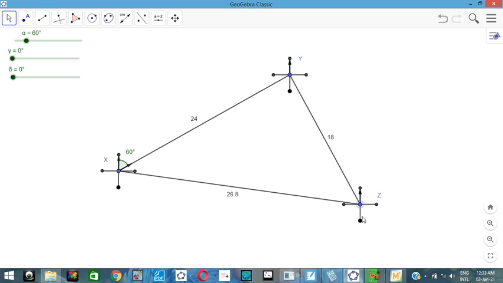So I've gotten 18, so I'm in 29.8. And let me achieve 30 on this side. So I've gotten 30, so I need to get my 18. So I'm just very close now. I'm just very close.